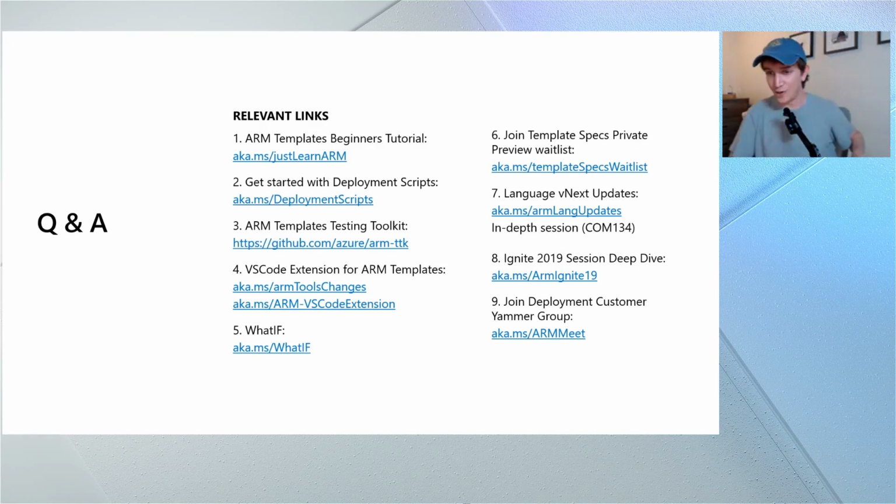The first question that came through was, how should we think about integrating What If with Azure DevOps or GitHub Actions? How do we think about integrating into the CI/CD flow? Great question. You have a few options for integrating What If into your pipelines.